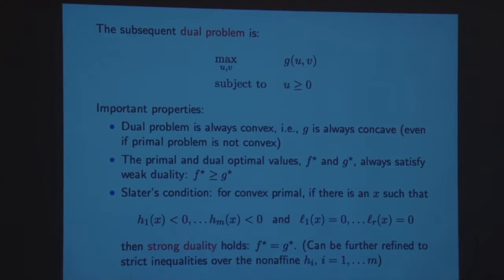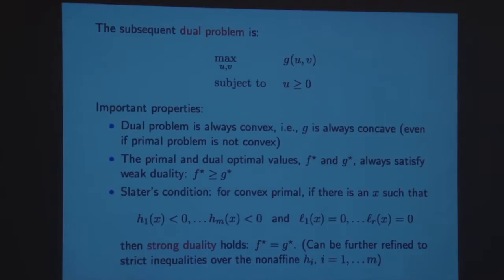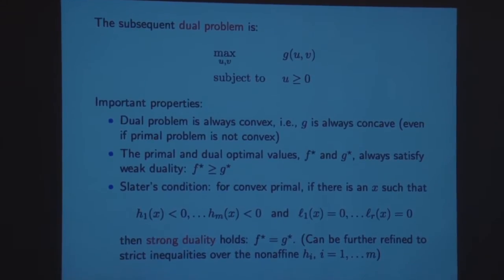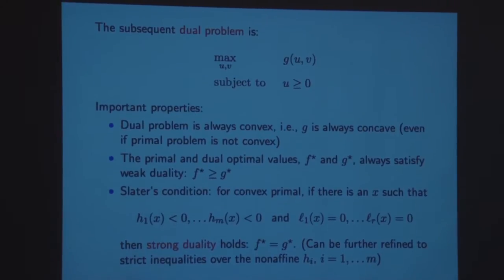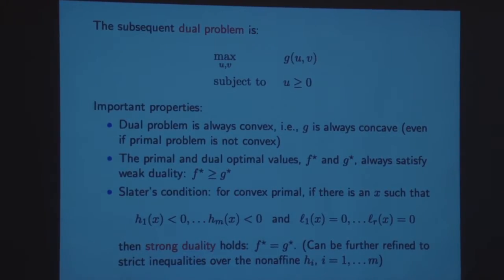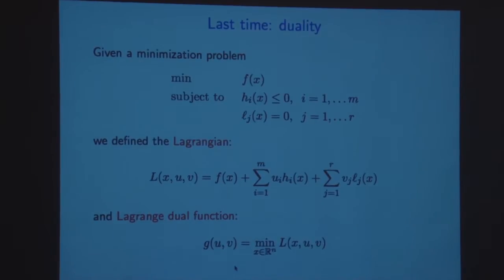So the dual problem subsequently is to take this dual function we formed, g, which is given by minimizing the Lagrangian, and to maximize it, subject to the implicit constraint, like we said, that u has to be non-negative in every component. This is called the dual problem, and we saw just by construction that this function g(u,v) lower bounds f of x whenever x is primal feasible and u and v are dual feasible, which means that u is non-negative in each component.